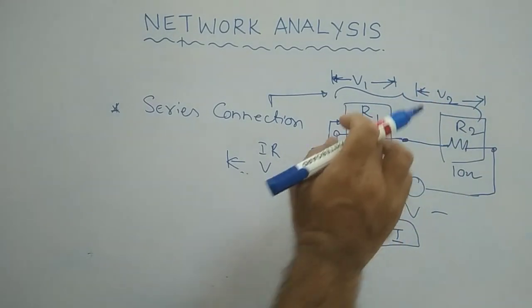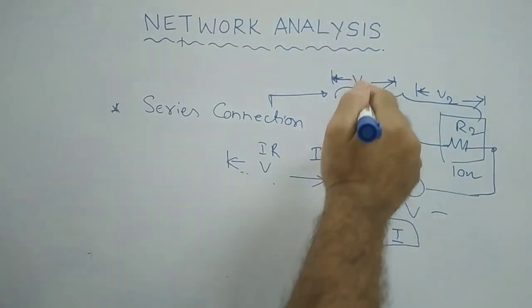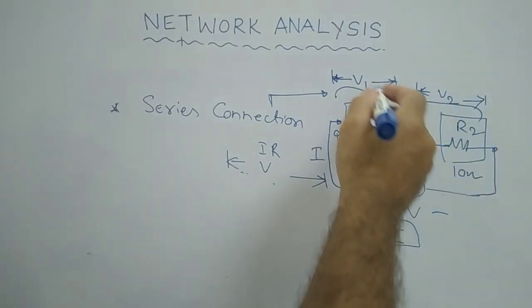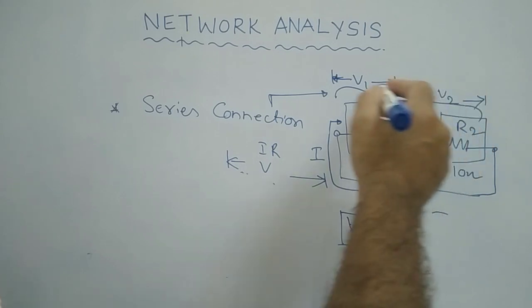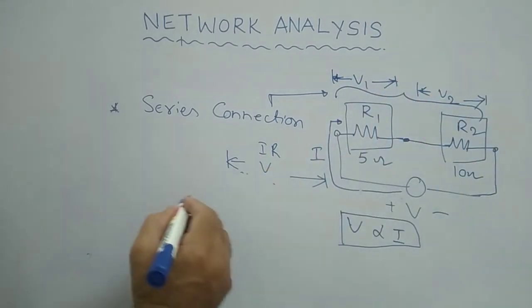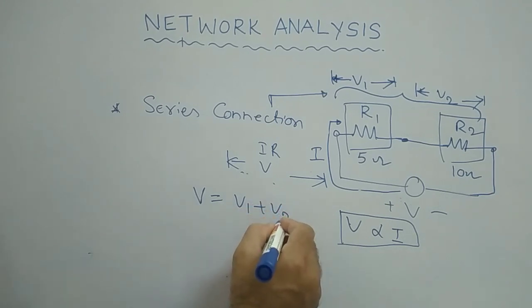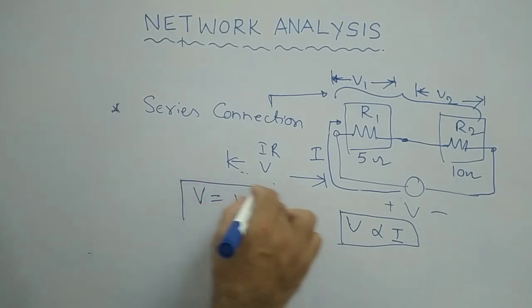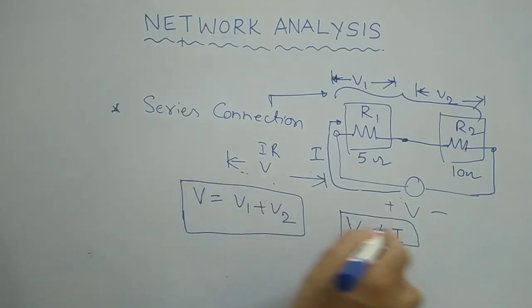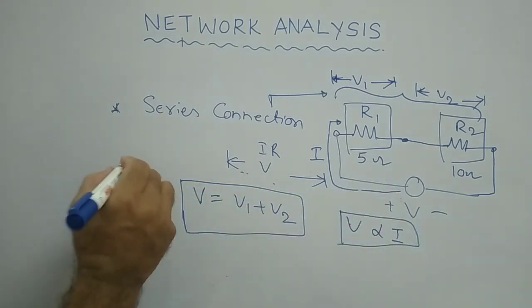Clear? Now if you add these two, V1 plus V2 is definitely equal to your V. Therefore V is equal to V1 plus V2. The sum of voltage drops must be equal to the input voltage source. This is your KVL actually.